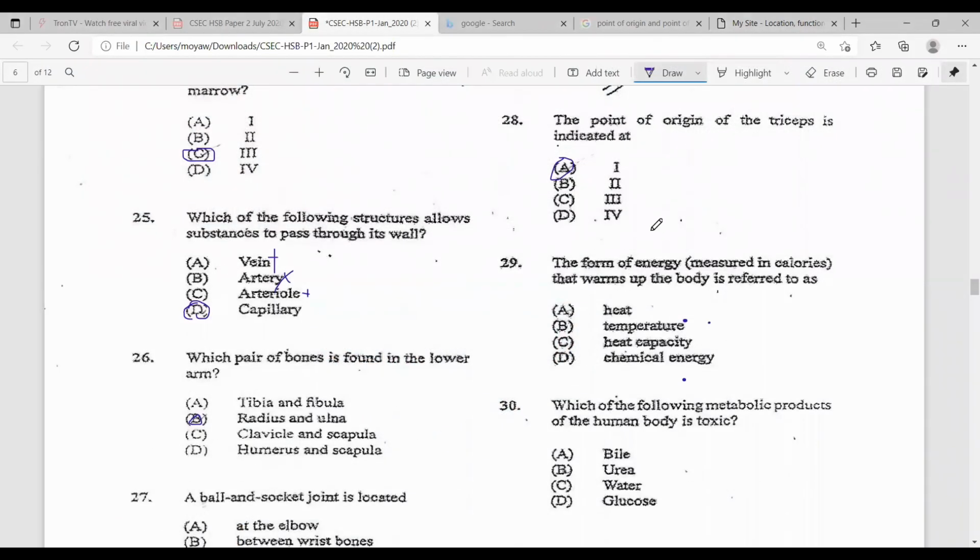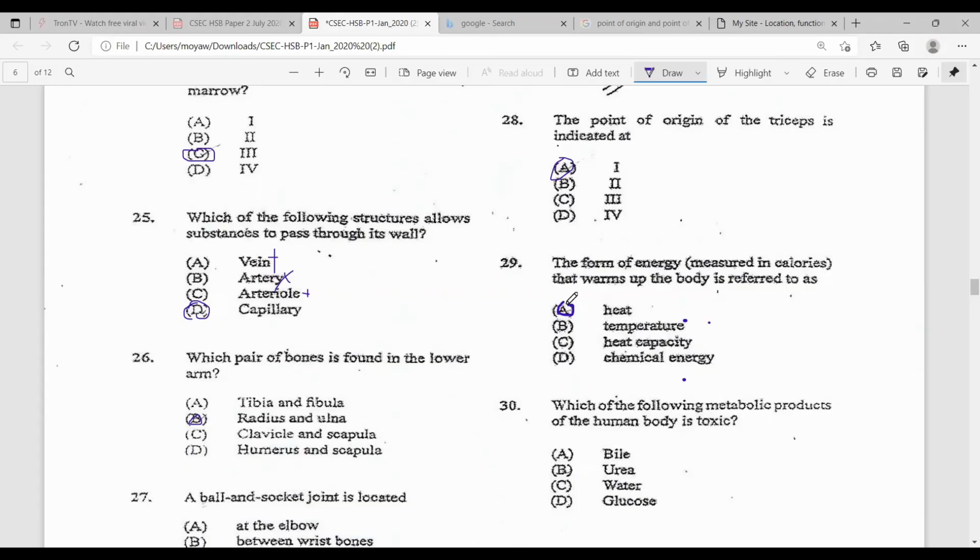Question 29. The form of energy measured in calories that warms up the body is referred to as, so we have A, heat energy, or heat rather, B, temperature, C, heat capacity, D, chemical energy. So the best option here, students, would have been A, heat energy. Temperature is out of it because temperature is not measured in calories.